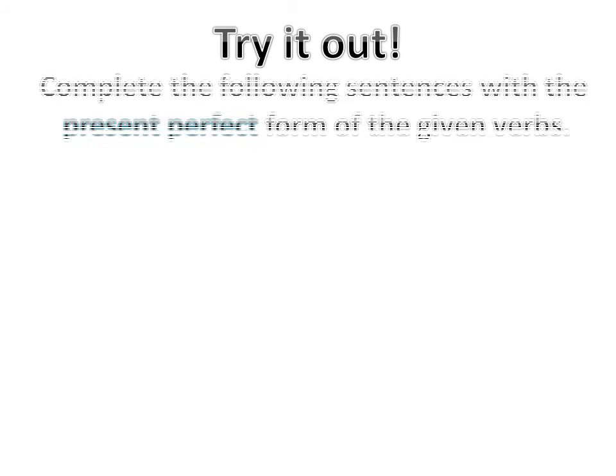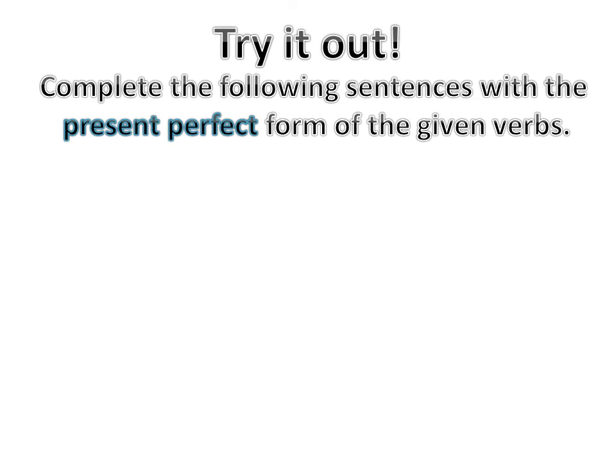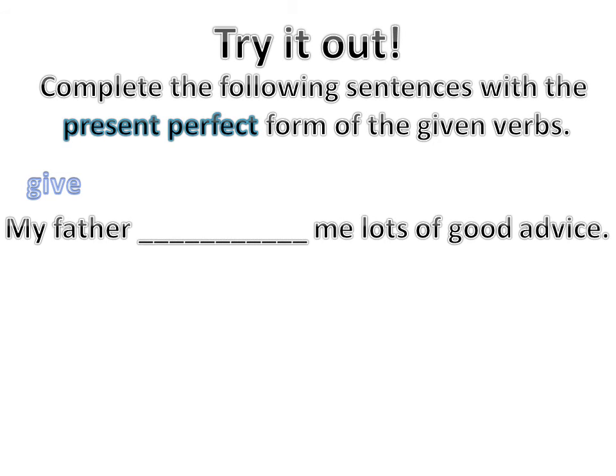So now let's try it out. We are going to complete the following sentences with the present perfect form of the given verbs. Let's start with the verb give. And the sentence, my father has given me lots of good advice.